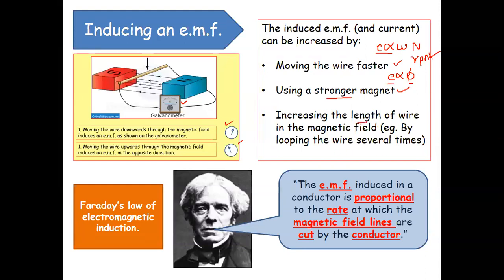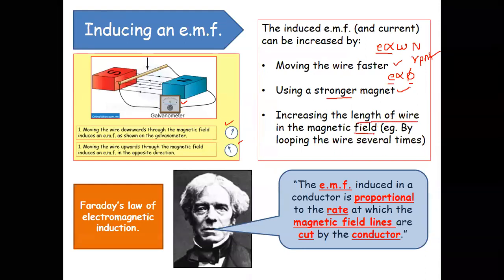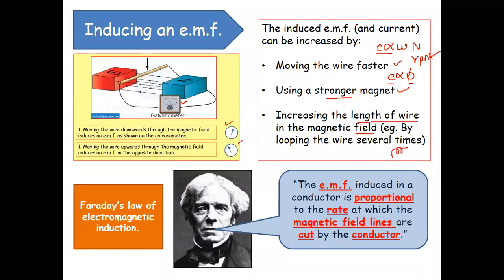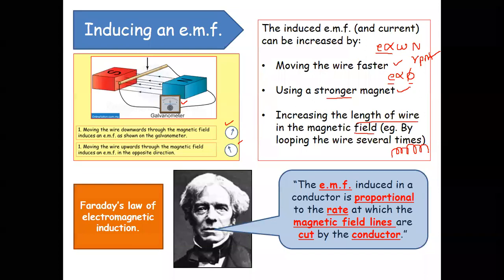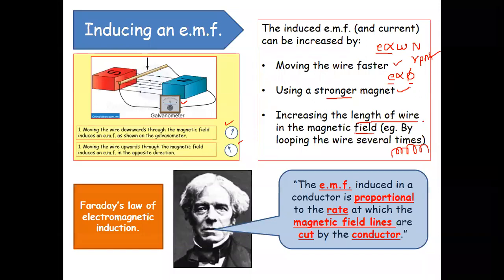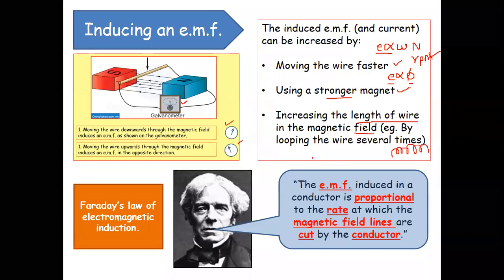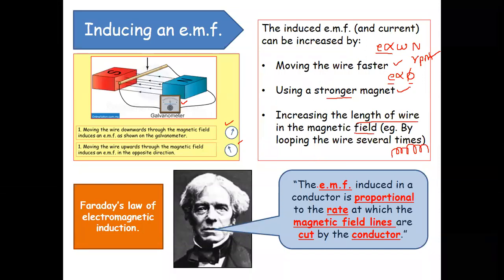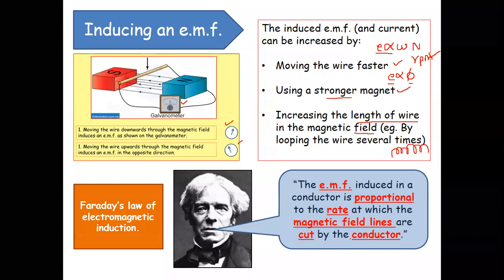Or else you increase the length of the wire. Instead of increasing the number of wires, you can increase the number of coils or number of conductors. If you increase the number of conductors, automatically the EMF induced is also increased. So the EMF induced in an AC generator is proportional to the rate of change of magnetic flux lines cut by the conductor.